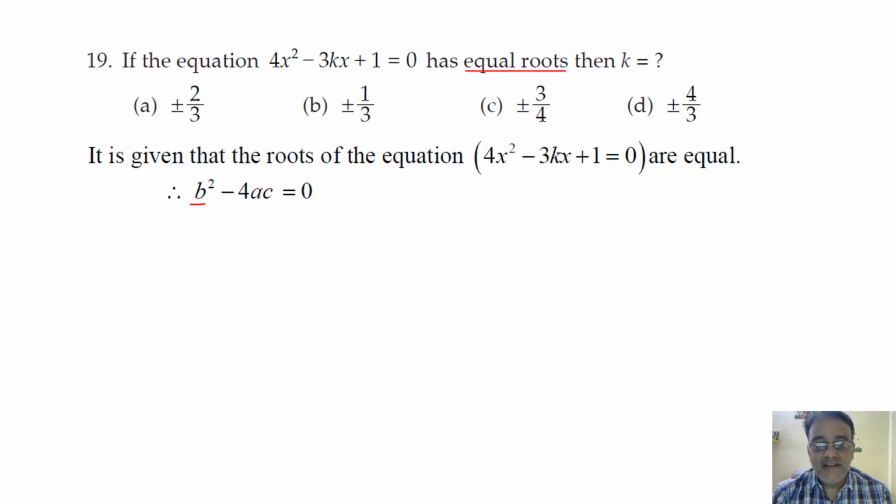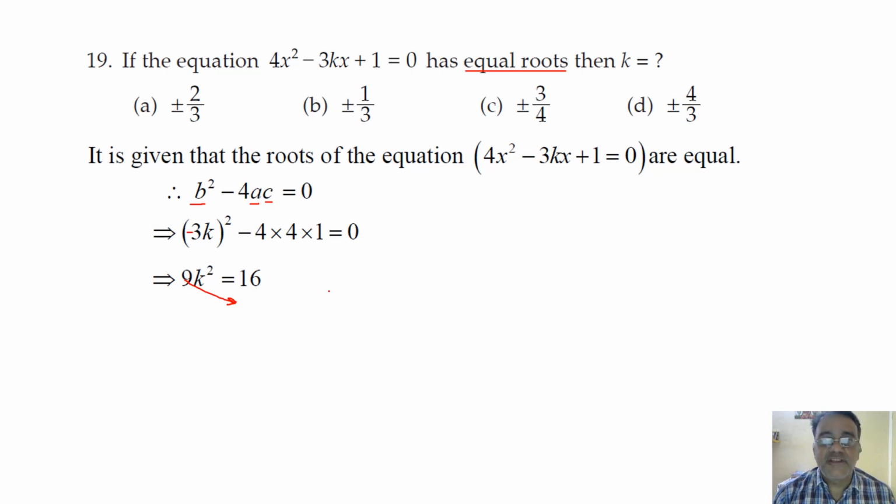And 4 into a is 4 and c is 1. So minus 3k whole square becomes 9k square, minus 16 equals 0. Now shift 9 to this side, so k square equals 16 upon 9. So what is the value of k finally? Plus minus 4 by 3. Very good. So the correct option is Option D.